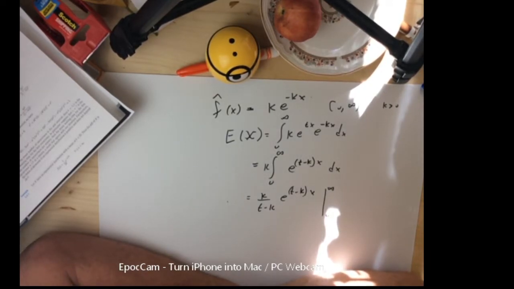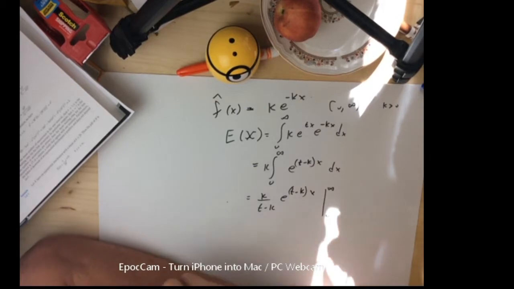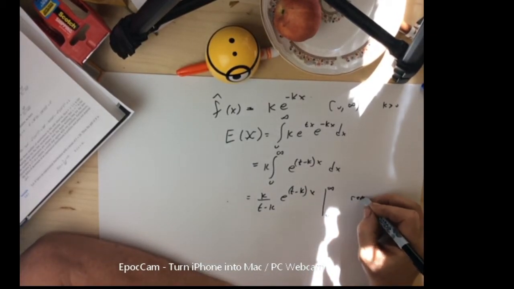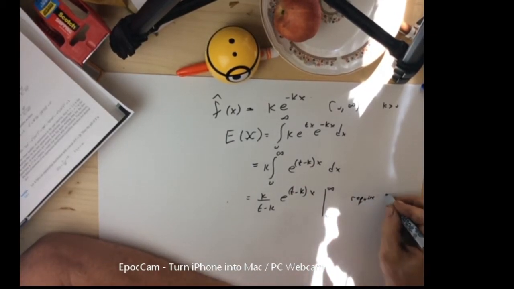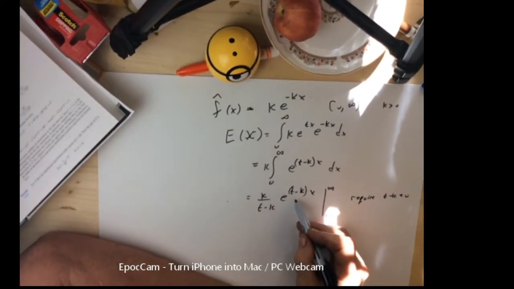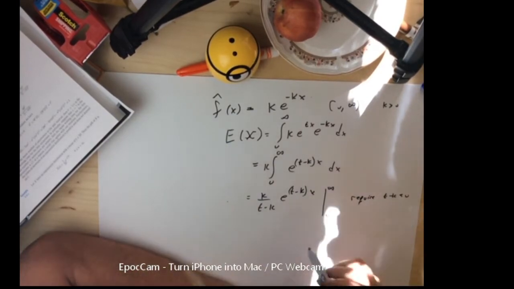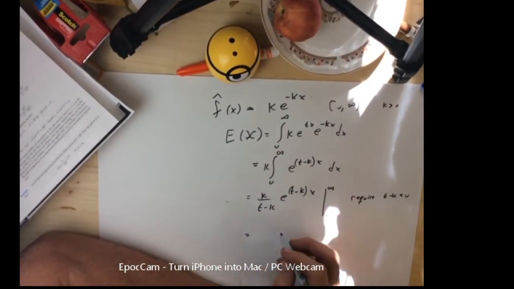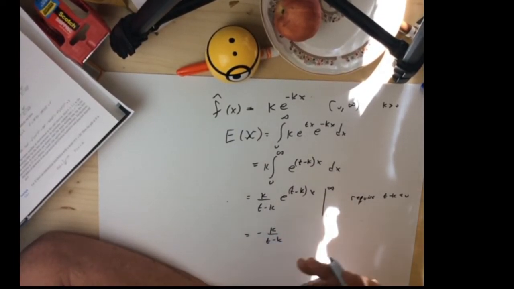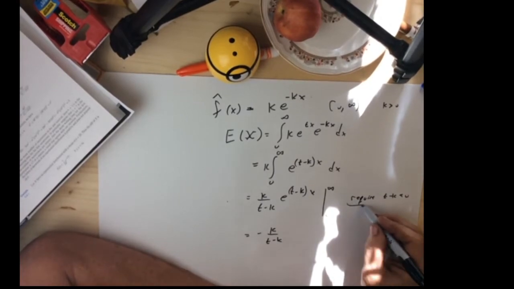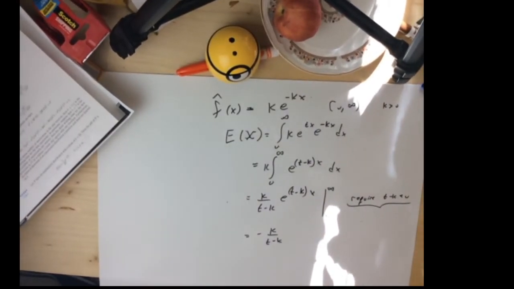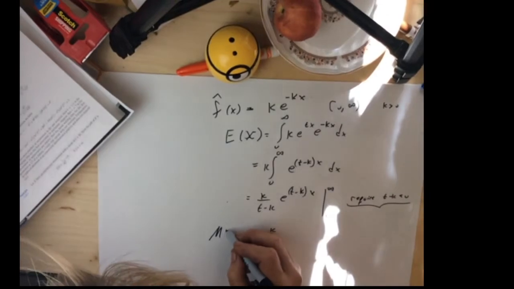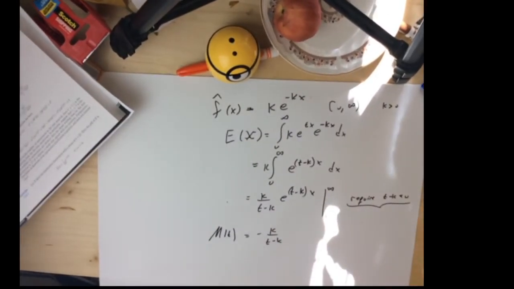Well, if we just require t minus k to be less than 0, then when we go to infinity, that portion will produce 0, and when we put in 0, we'll get k with a minus in front over t minus k as our answer. So this requirement is required for the moment generating function to exist so that we get an answer.